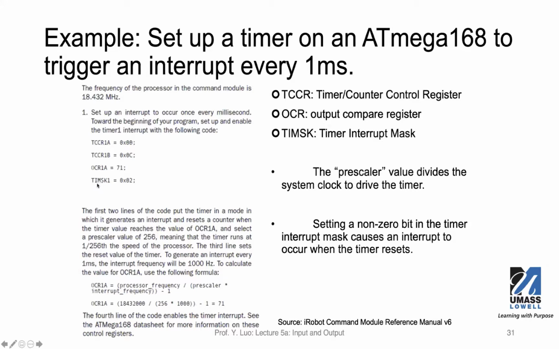Finally, we use this last line to enable the timer interrupt. Okay, so with these 4 lines, we are able to set up the 1 millisecond interrupt such that the microprocessor will receive the interrupt every 1 millisecond.